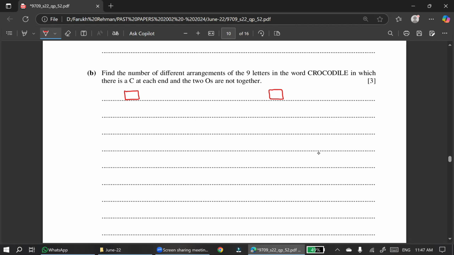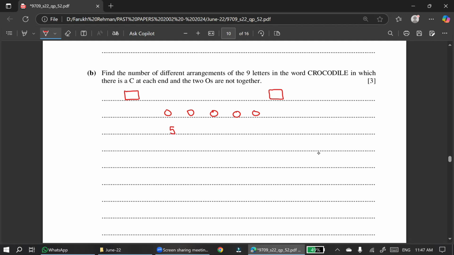Now, we have 7 letters in which 2 O's should not be together. First of all, we will arrange the objects which are not supposed to be separated. The objects which are not supposed to be separated are 5: 1, 2, 3, 4, and 5.